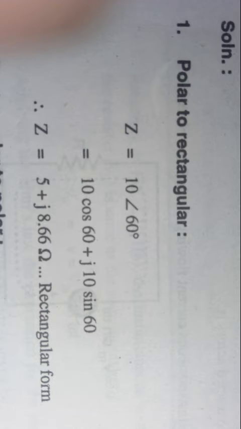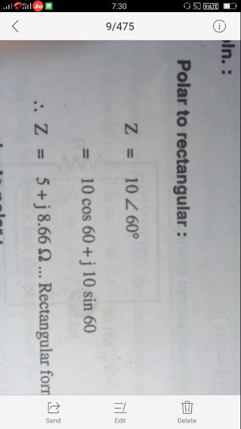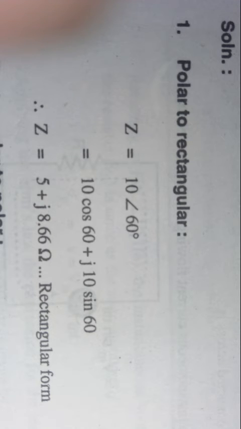Now the rectangular form for this equation is Z is equal to x plus jy, where we calculate x as r cos phi and y is calculated as r sin phi.